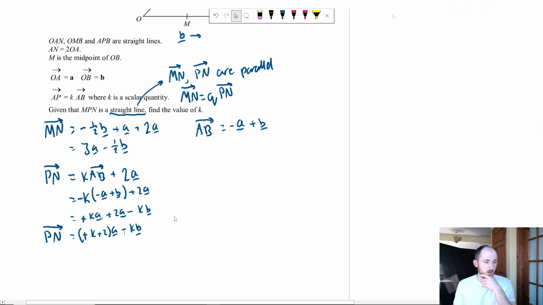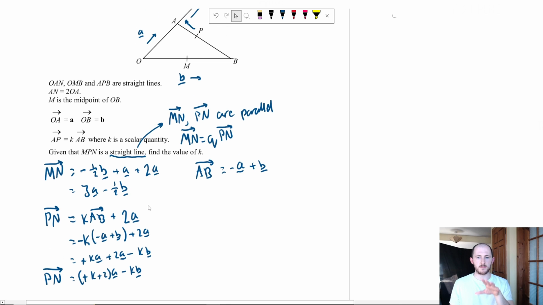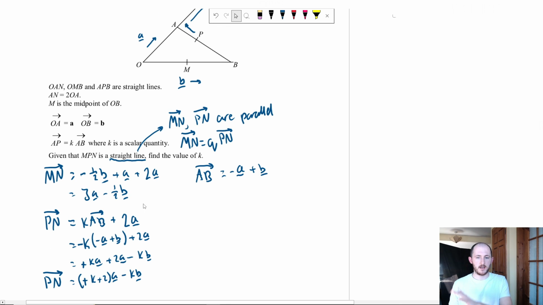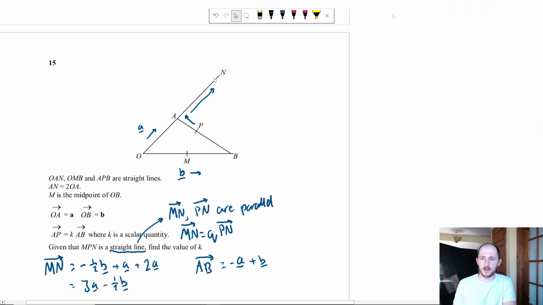How did you factorize on the PN part? Yeah. So let me go through that one more time because I did make a mistake. I made a humble mistake. So this part here. How did I get that? Well, to go from P to N, if I break it down into steps, I need to go from P to A and then A to N. Like if I just look at this, kind of like directions on a map.